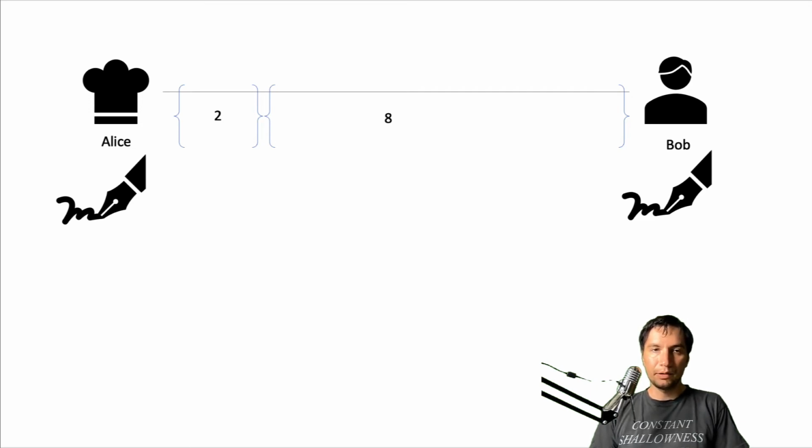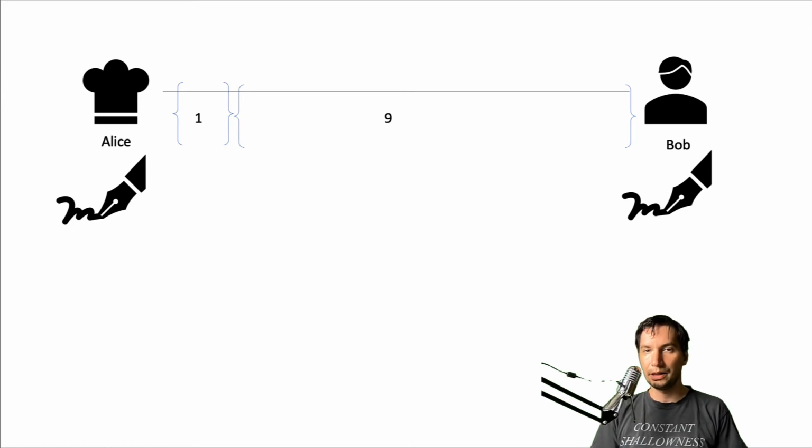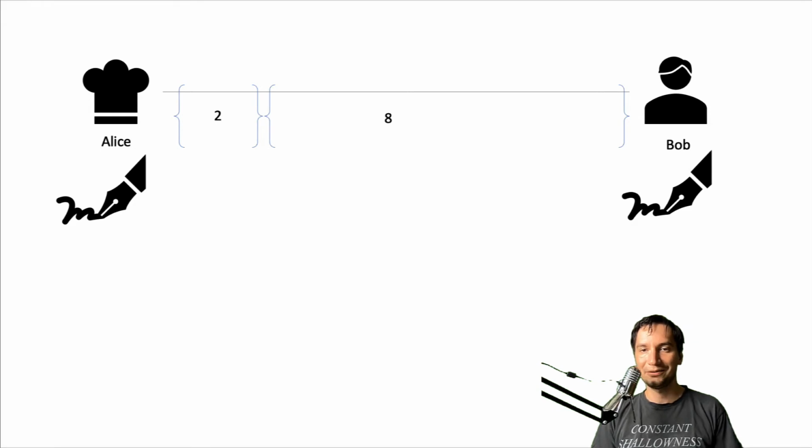Now, because you have seen that all these transactions are signed, what if Bob is evil and says, "Oh, Alice is not responding. Let's broadcast this old transaction where I have 9 Bitcoin and not the new one when I have 8 Bitcoin."